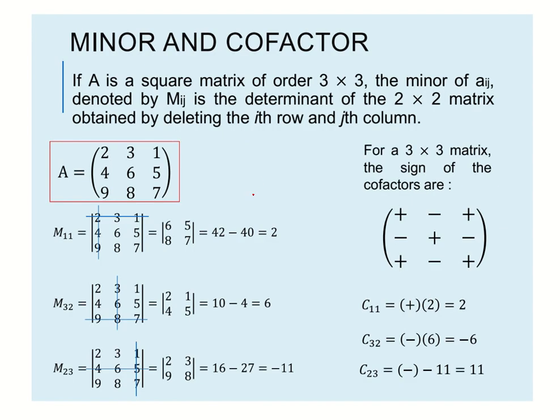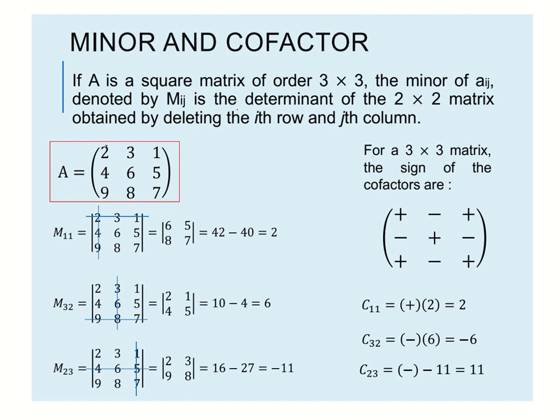Now let's start with the minor and cofactor of the matrix. If A is a square matrix of order 3 by 3, the minor of Aij, denoted by Mij, is the determinant of the 2 by 2 matrix obtained by deleting the ith row and jth column. What does that mean? Let's say we have a matrix A here.